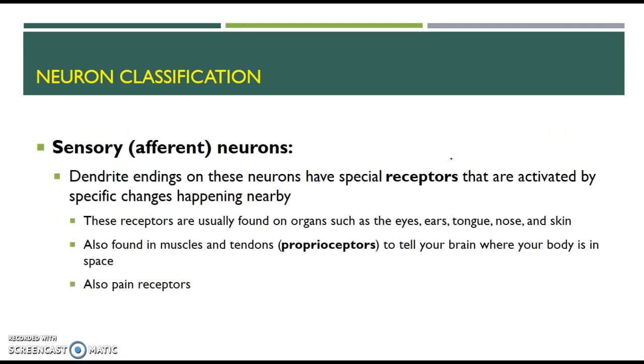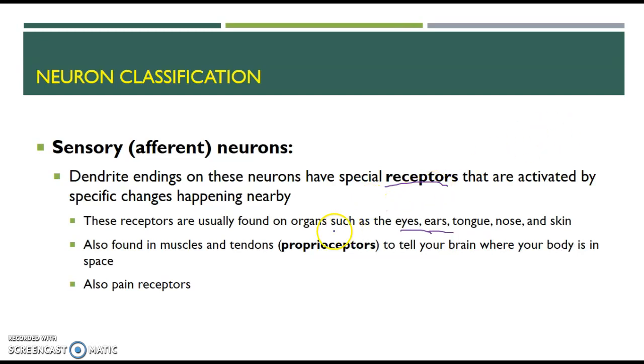What we talked about a little bit earlier was these sensory neurons are going to have special receptors that are basically going to be taking in information, especially in those organs like the eyes and the ear. Anytime you have a sensation, we have these receptors that are bringing that information to the brain and the spinal cord.